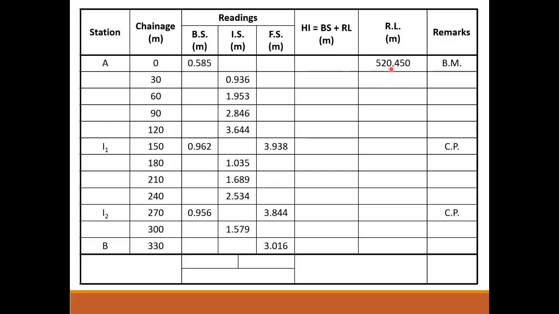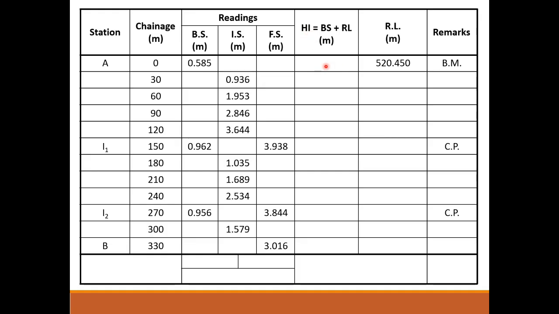Now we are going to calculate the reduced levels of all the remaining entries. Because we are proceeding by the height of instrument method, first to calculate the reduced level, we first have to find the height of instrument. Remember, whenever we are changing the position of the leveling instrument, we must recalculate the height of instrument.